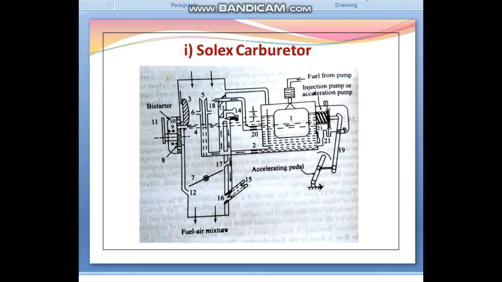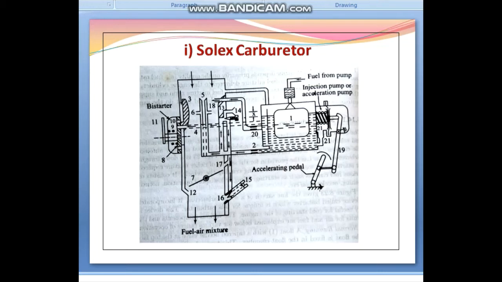As the throttle is opened, the suction at the idle port, that is number 16, is reduced, but the suction pressure is exerted at the low speed opening, that is number 17, and this offsets the reduction of suction at the idle port, that is 16, and thus the flat spot is averted.